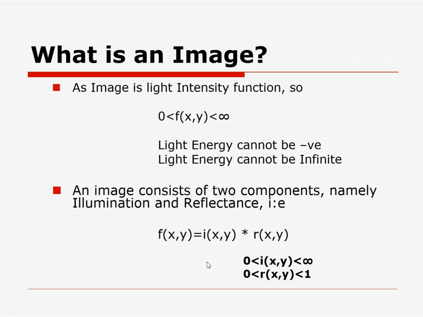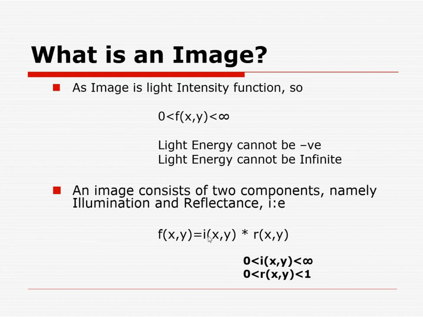Therefore, let us write this quickly: f(x,y), a particular image, depends upon two components. First one, i(x,y), is illumination or light, and second, this is multiplied with the reflectance. There must be a certain amount of light and a certain amount of reflectance. If any component out of these two is missing, there will be no image.